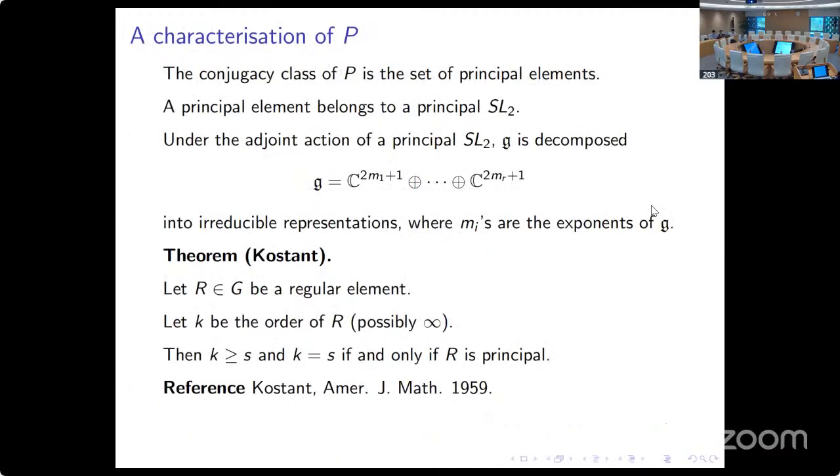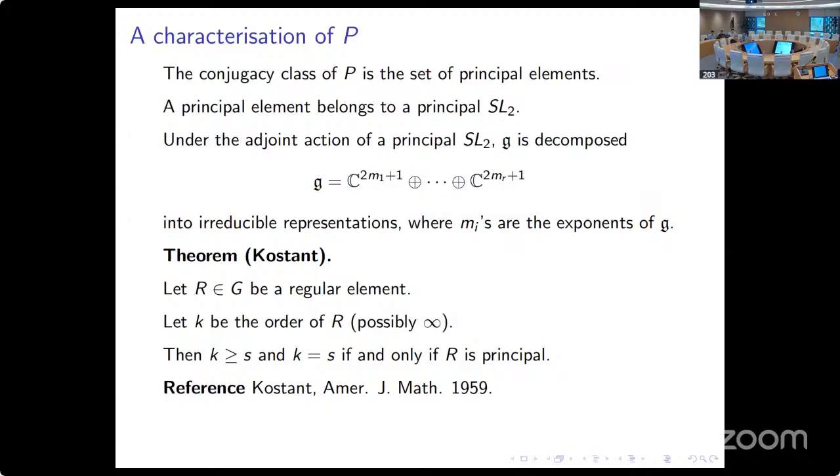The property is that the conjugacy class of that consists of all the so-called principal elements. We call it the principal element because it is in the same conjugacy class. For people familiar with the SL2 theory, this corresponds to the principal SL2; in other words, the nilpotent element corresponding to the largest nilpotent orbit. We use the principal SL2, the SL2 embedded into the Lie algebra g.